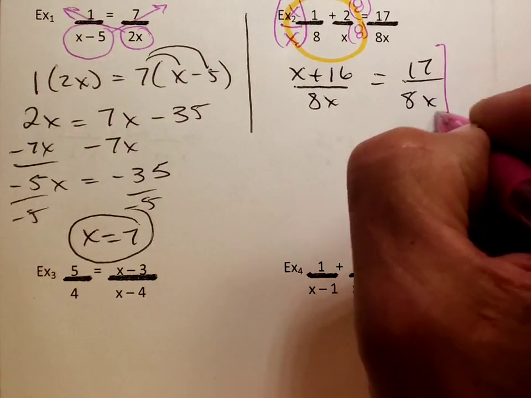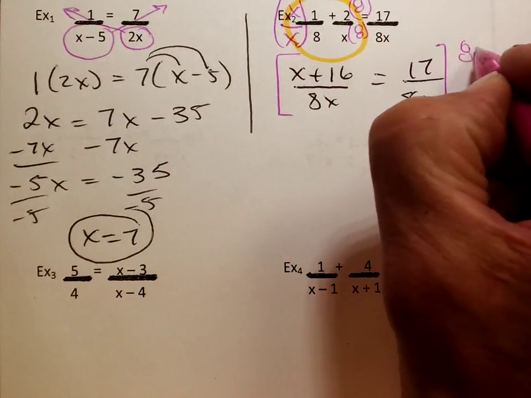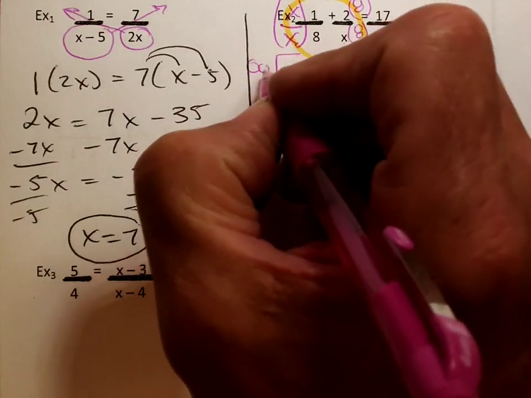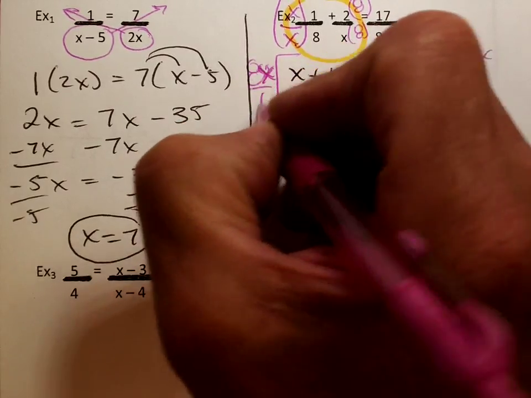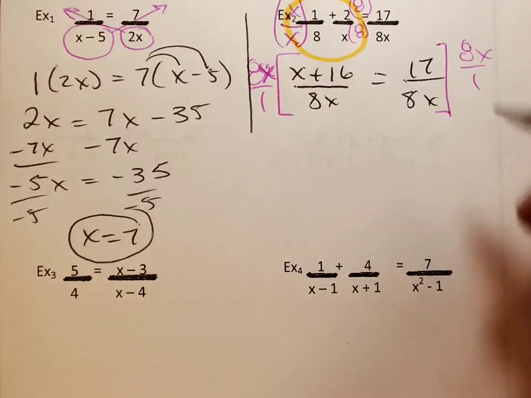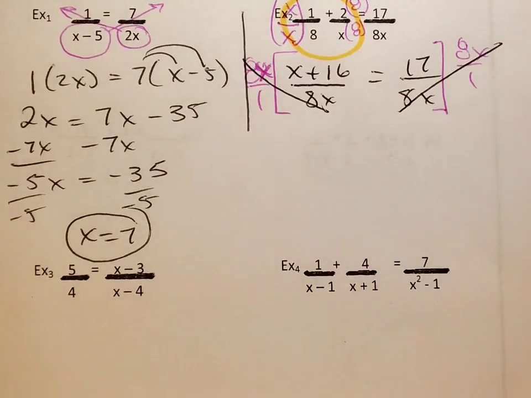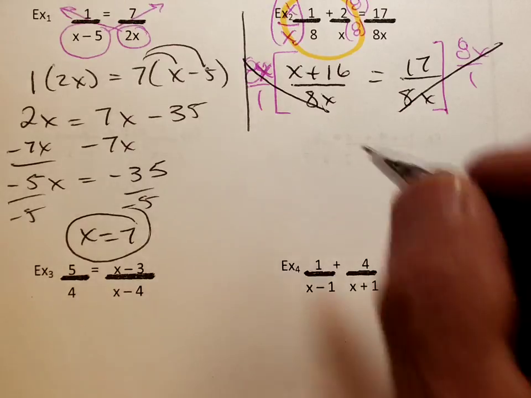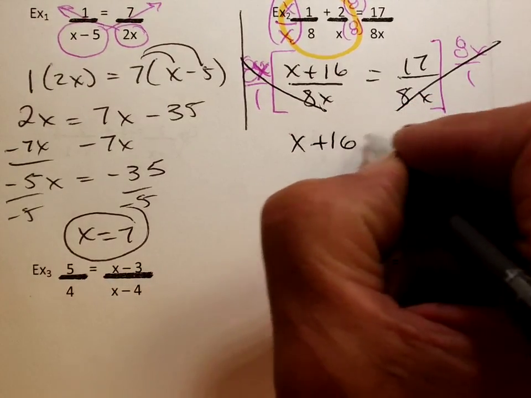If you were to multiply both sides by 8x over 1, right? Because what you do to one side, if you do the exact same thing to the other side, it's okay. What's really cool is then it just cancels out your fraction, doesn't it? And then we get a really easy math problem, don't we? A really easy math problem is simply x plus 16 equals 17.